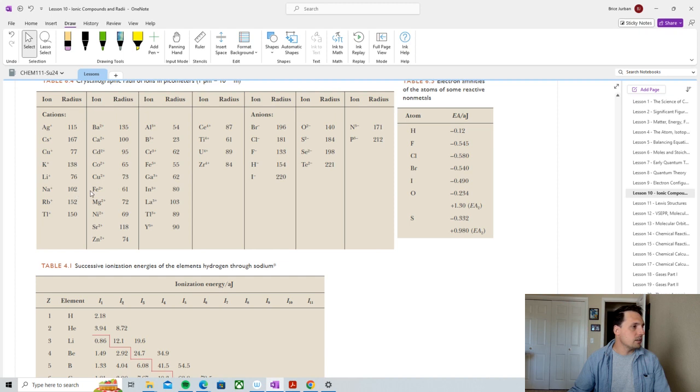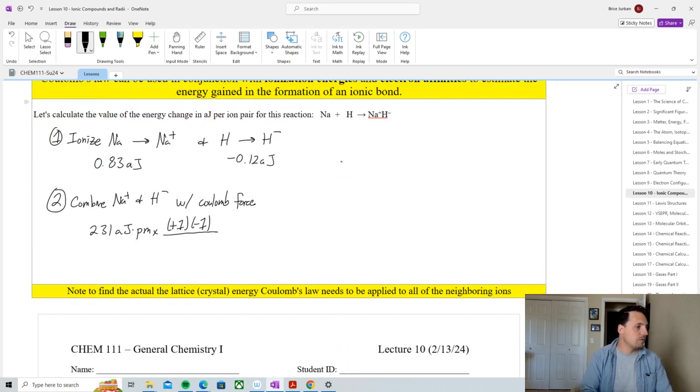Again, it's not, oh, there it is, 154. Oh, it's actually bigger than I expected because it is a negative charge. So 102 and 154. So that's going to be, I can do that math, 256.